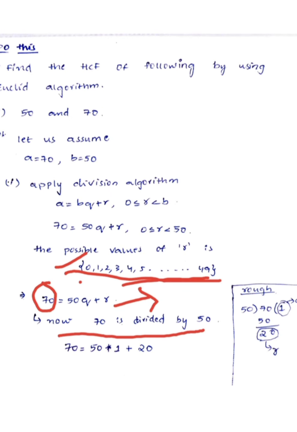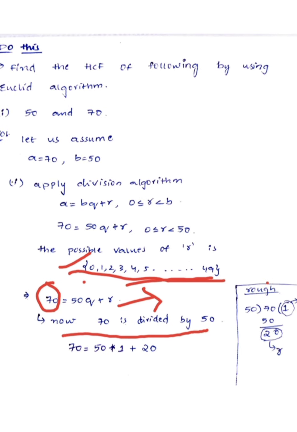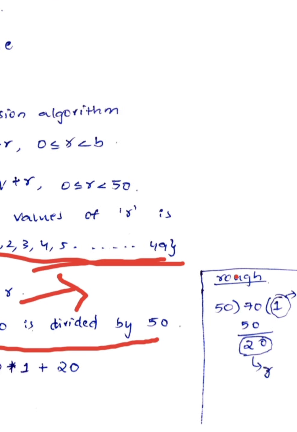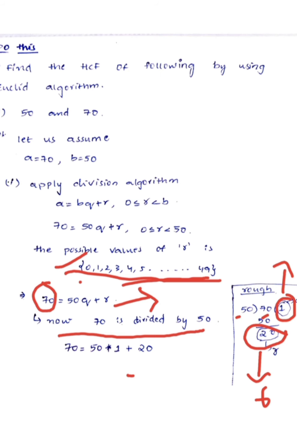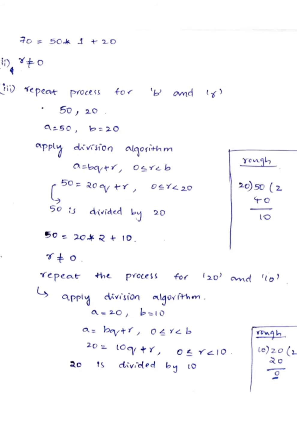Now on solving this, when I divide 70 and 50, I got q as 1 and r as 20, that is remainder 20 and quotient as 1. Now consider quotient as q and remainder as r. Now replace these values in the equation here. Now after replacing, the equation is like this, 70 equal to 50 into 1 plus 20.